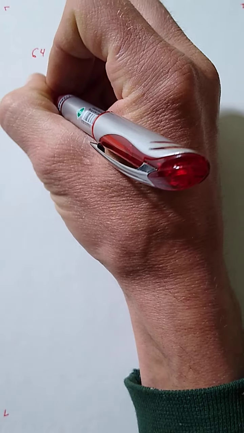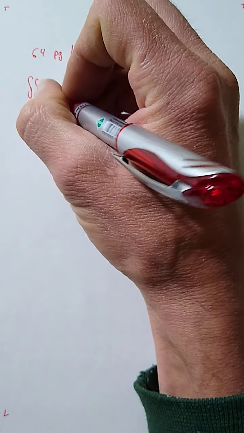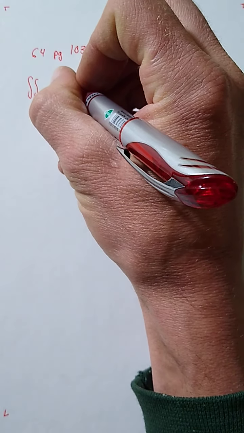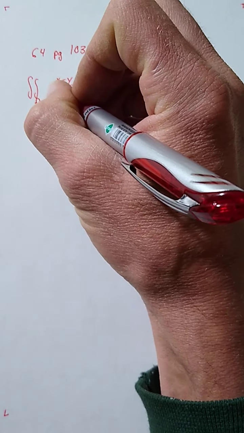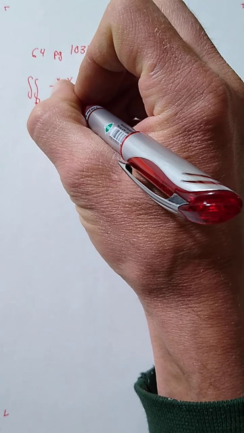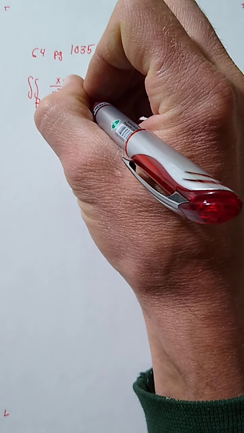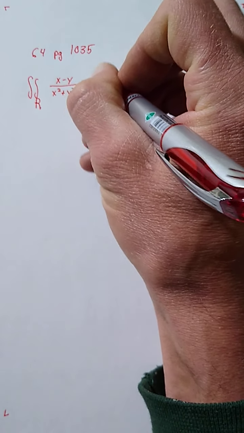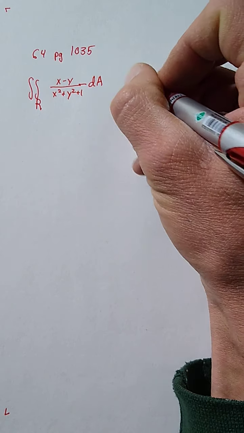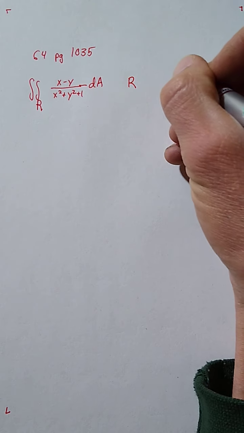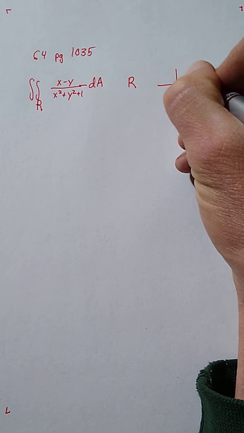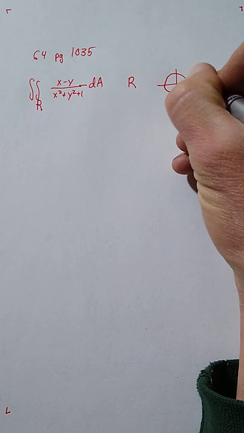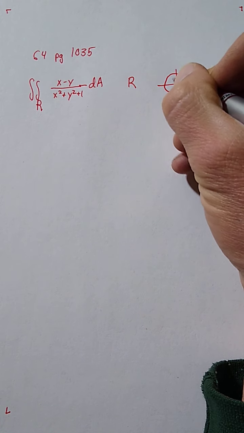So this is the double integral over the region of the function (x minus y) over (x squared plus y squared plus 1) dA. And it tells us that the region R is the region inside of the unit circle centered at the origin.